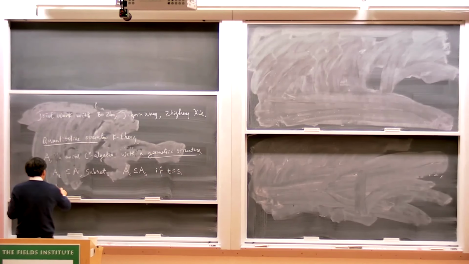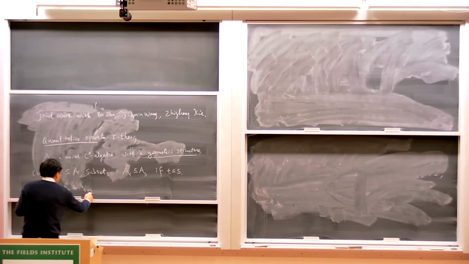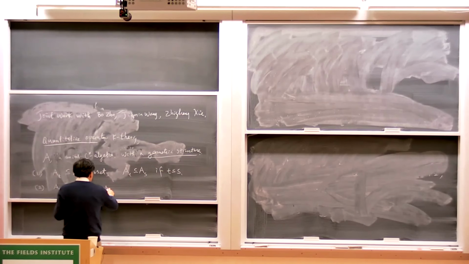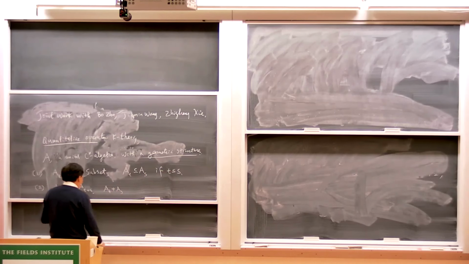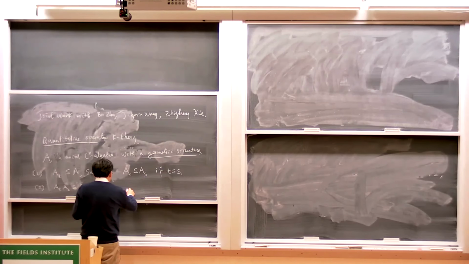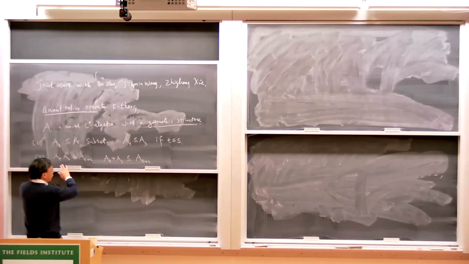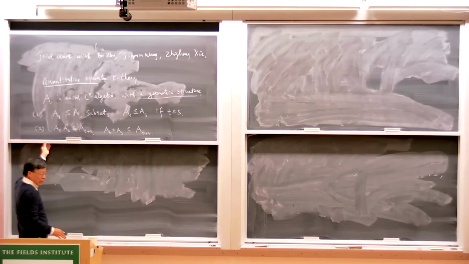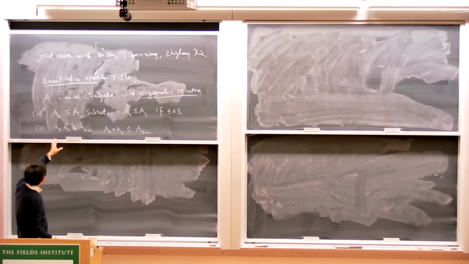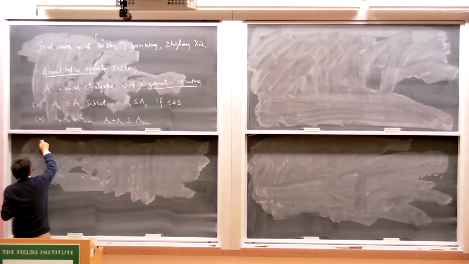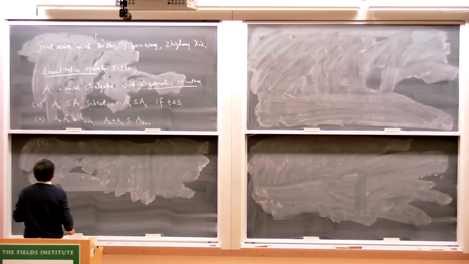If you multiply the two, it's kind of closed, and if you add, just to make it more flexible, I allow A_{t+s}. Of course we don't want this to be completely degenerate. So far, I could choose this to be the empty set, and nothing interesting would come out of it. So I want this to be non-degenerate.